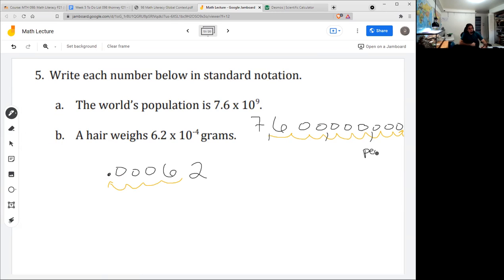Since these are word problems, I should probably label them also. Everyone okay with my scoots? If somebody wanted to be an engineer and write this 7.6 E plus 9 or 6.2 E minus 4, now we know why we have a plus here, because it could have been a minus.